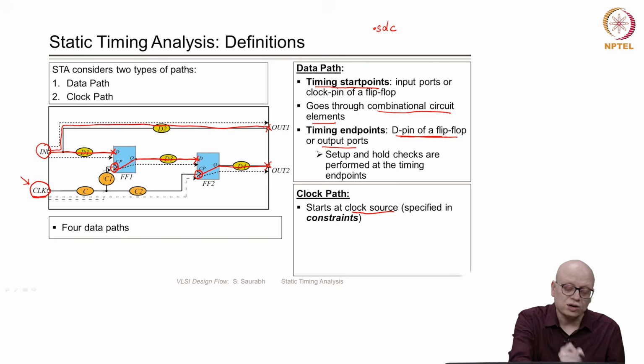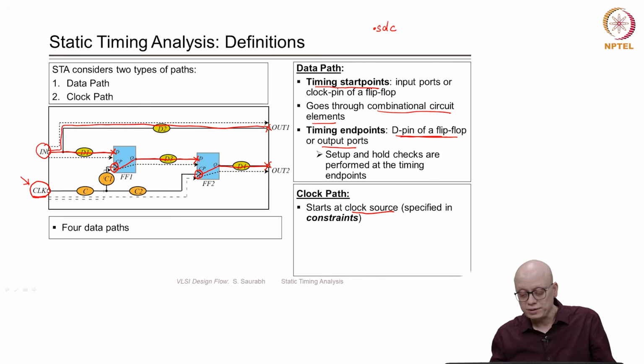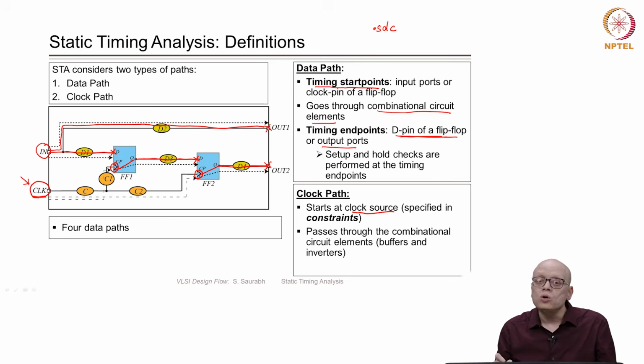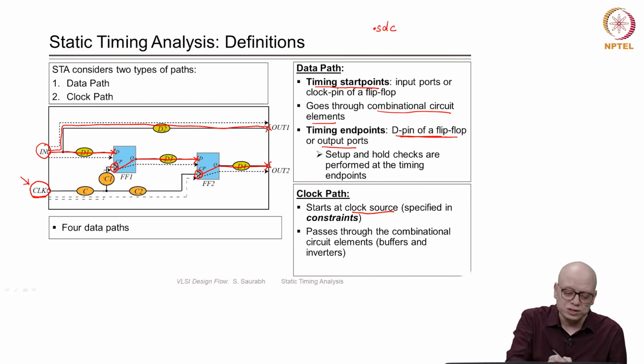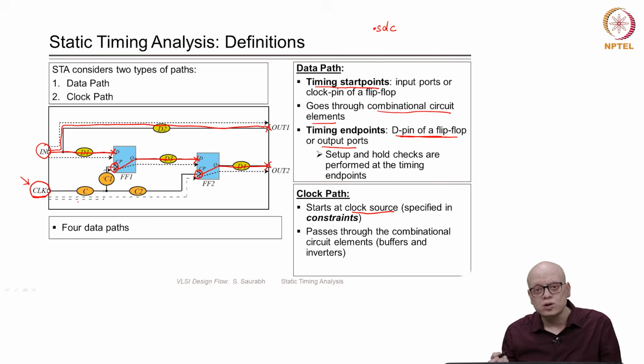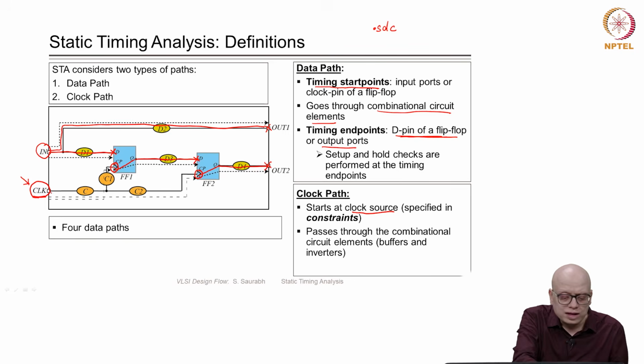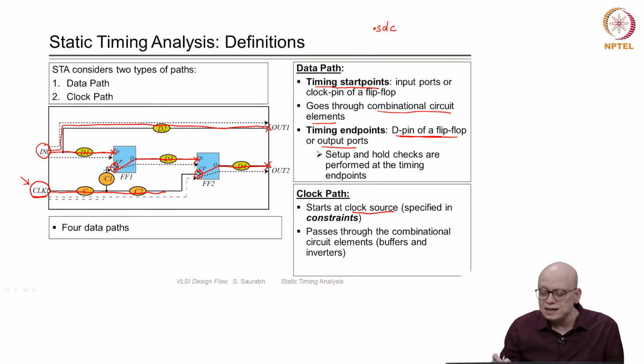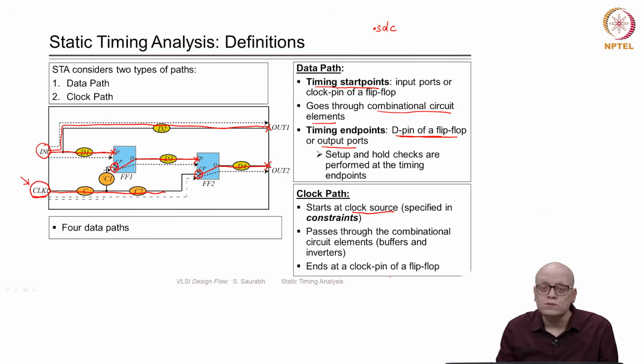In this case the clock port is a start point, and then it can go through combinational logic elements. Typically buffers and inverters are used in the clock path. There can be some special elements like clock gators also. So, the clock path will pass through those circuit elements, and then it ends at the clock pin of the flip flop.